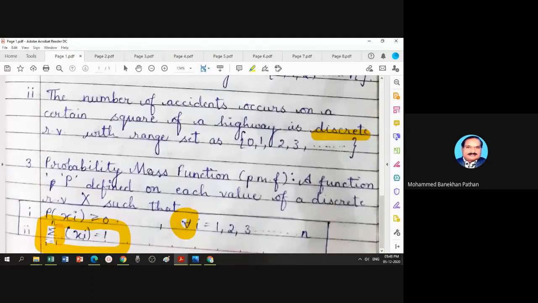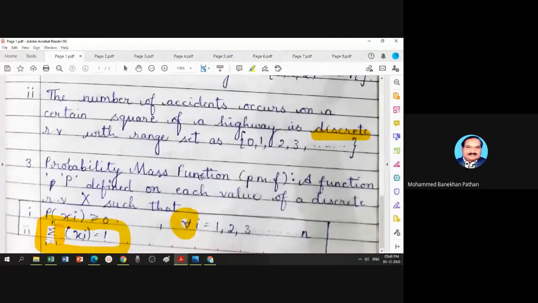That is why there I put the conditions P(wi) greater than or equal to 0, summation P(wi) equal to 1. If these two conditions are satisfied, the corresponding function is known as a probability model. We have seen examples based on probability model also.